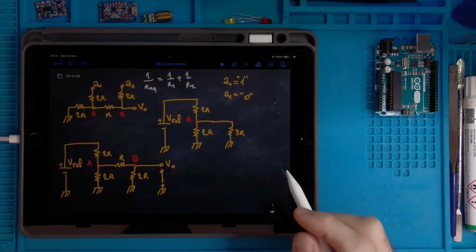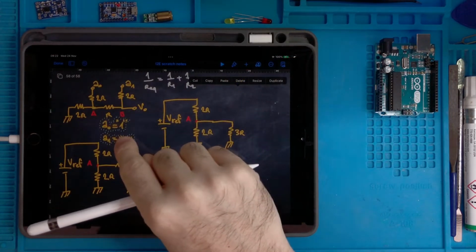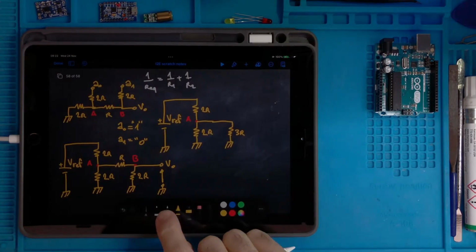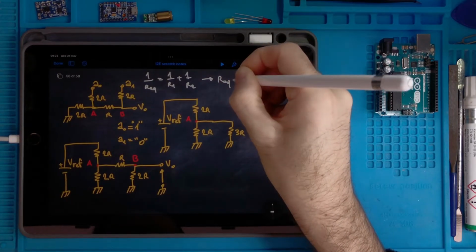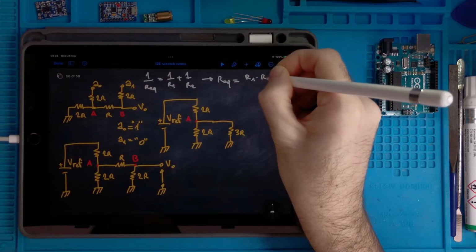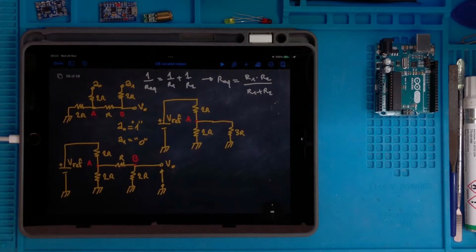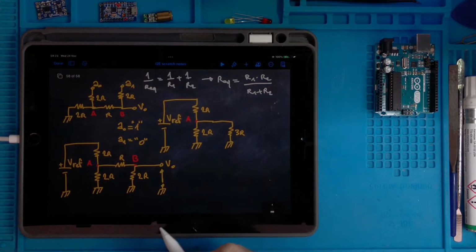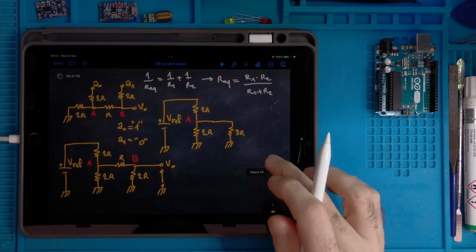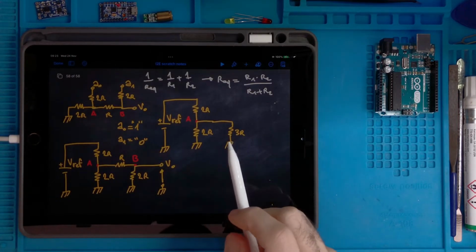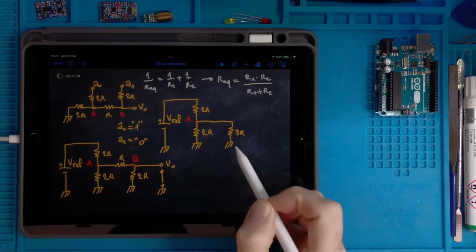So it is useful to arrange this formula in this way. So this implies that R equivalent is R1 multiplied by R2 divided by R1 plus R2. We just need to do some little algebra. So this thing is quite handy because it happens lots of times that we have to calculate the parallel of two resistors.